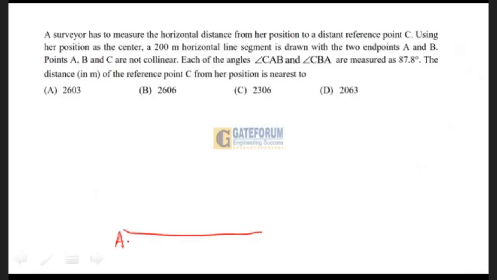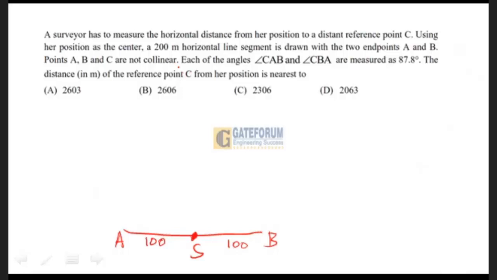So a 200-meter line is drawn and the surveyor is at the center. So this is 100 and this is 100, because a 200 horizontal line segment is drawn, with two endpoints A and B. Points A, B, C are not collinear.